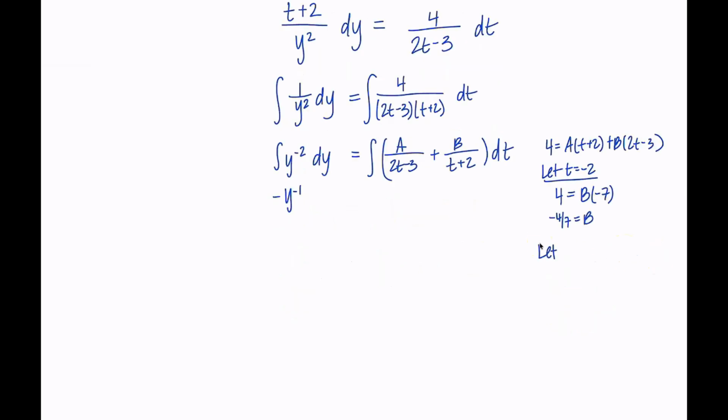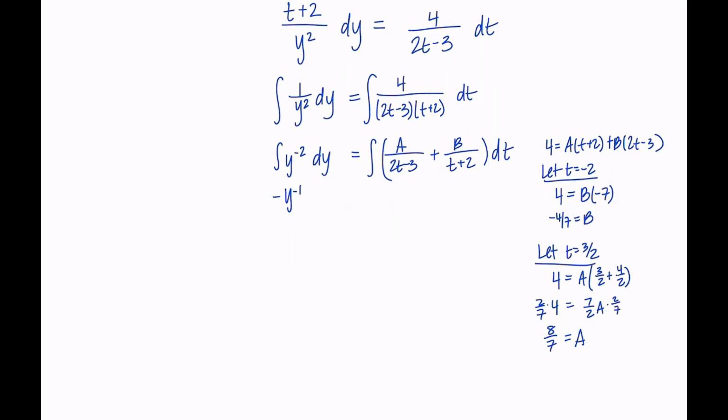So if I let t equal positive 3/2, I'm going to have 4 is equal to a times 3/2 plus 2. 2 is 4 over 2, so we have 7 over 2 a is equal to 4. And then if I multiply by 2/7 on both sides, then I'm going to have 8/7 is equal to a.